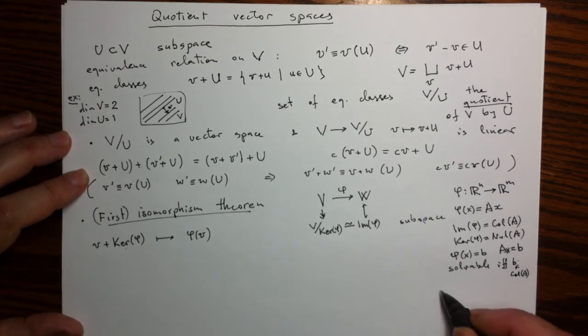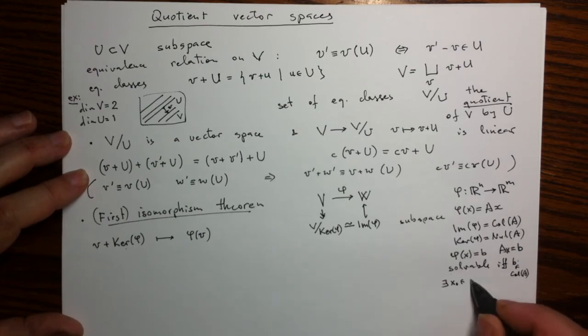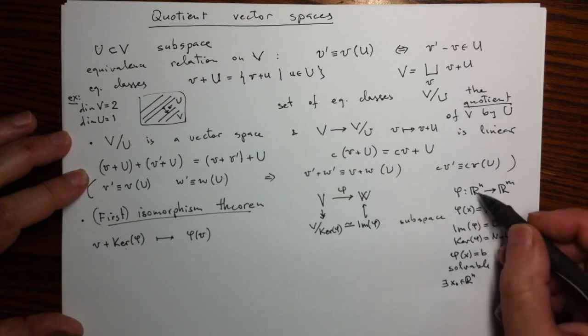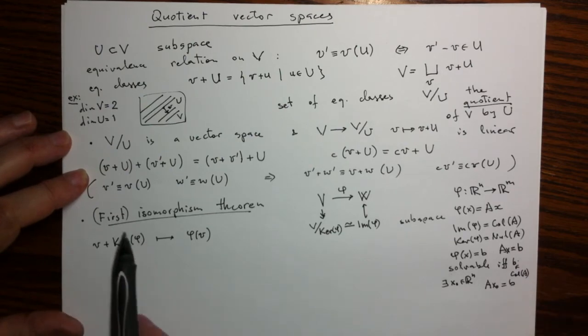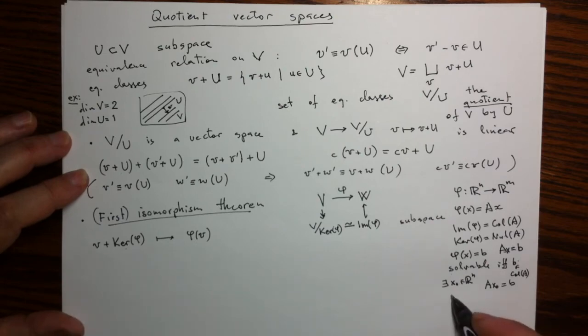So if it is in the image, then there is something in the source which is mapped to it, so some partial solution x0, and then all other solutions will have to have this shape, and that will be the coset of x0 by the kernel, by the null space.